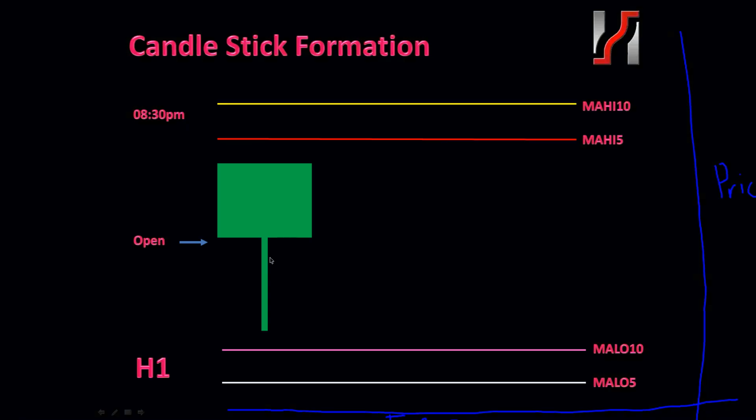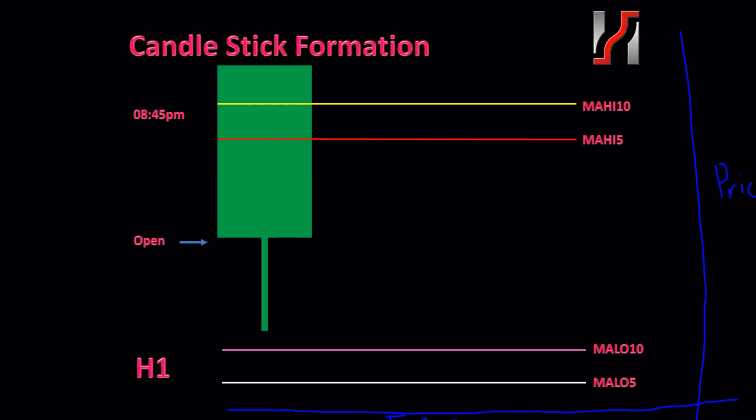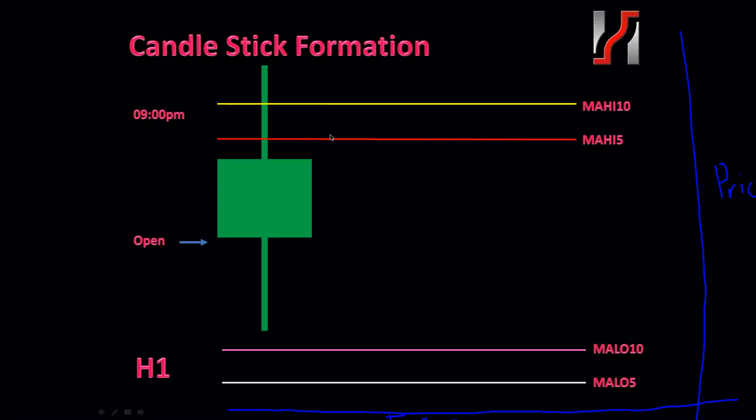Okay, moving on. Another 15 minutes pass by. The price continued to rise up to maybe $2 plus, and goes through my 5 and 10, and then another 15 minutes goes by. Obviously it went back down to this particular price level.